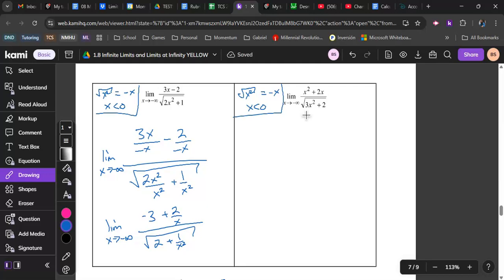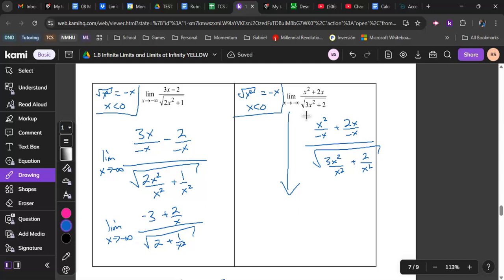So, if we do this, we're dividing by negative x again. So x squared over negative x plus 2x over negative x, all over the square root of 3x squared over x squared plus 2 over x squared. I'm just going to do it this way this time because I'm tired of writing limit.